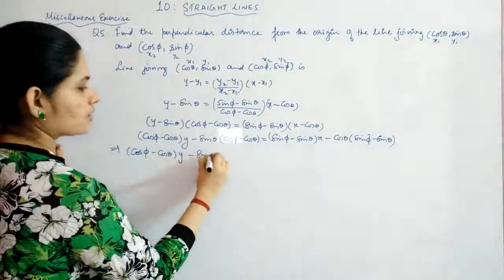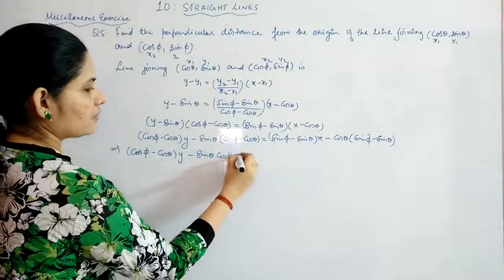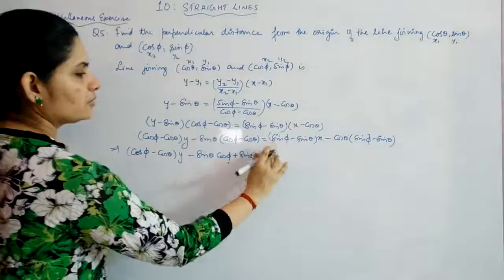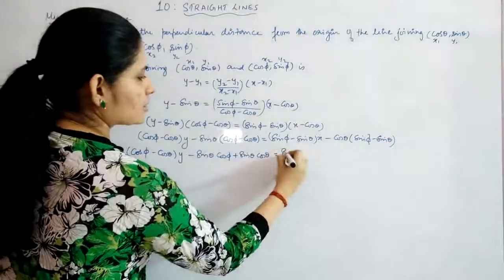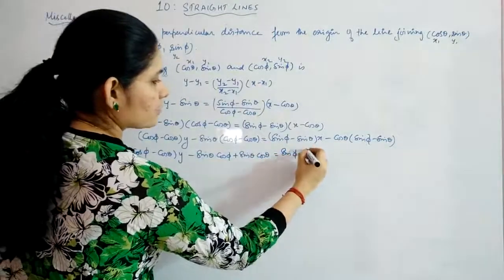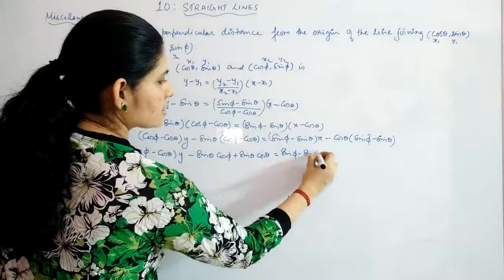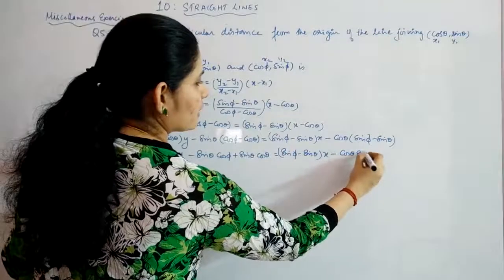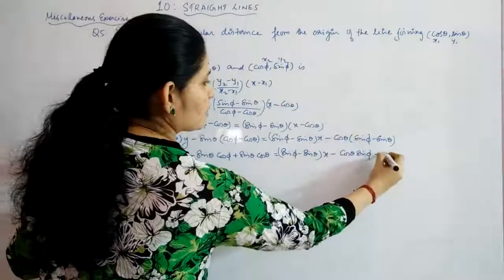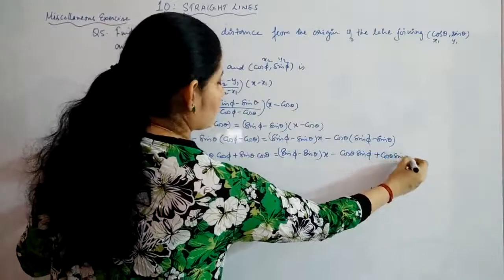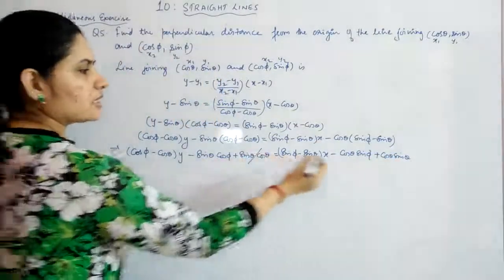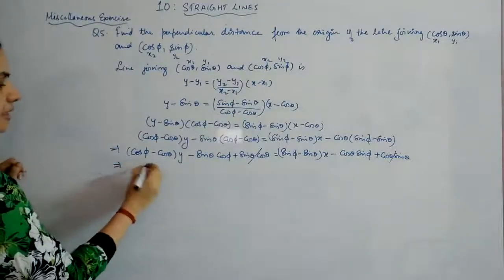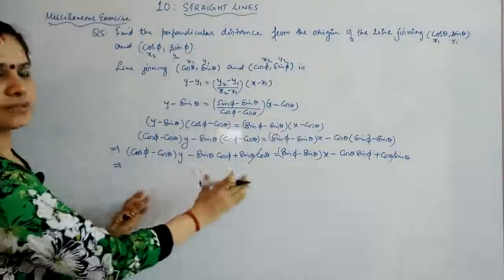We'll get minus sine theta cos phi plus sine theta cos theta is equal to, again this is as such, that is the coefficient of x is written as such, minus splitting this cos theta sine phi plus cos theta sine theta. Now you can see that here you have sine theta cos theta, here you have sine theta cos theta, both of them cancelled.